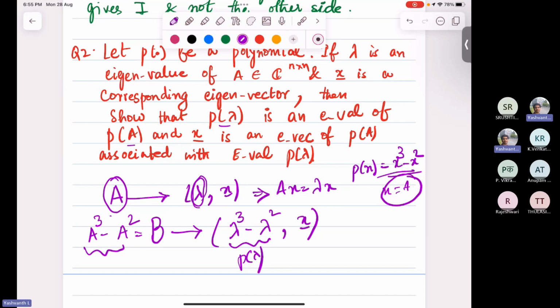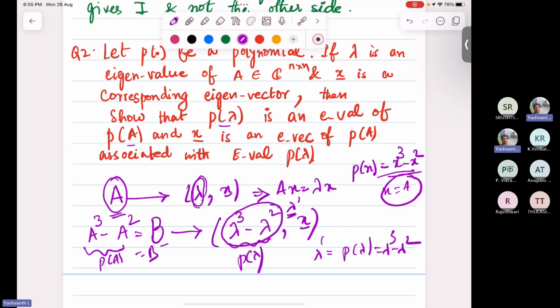So if I say P of A is equal to B, then this particular number, let's call it lambda dash, and lambda dash is nothing but P of lambda, equal to lambda cube minus lambda square, is the eigenvalue of the matrix P of A, but the eigenvector remains unchanged. That is what I'm asking you to show. It's a very, very useful property.